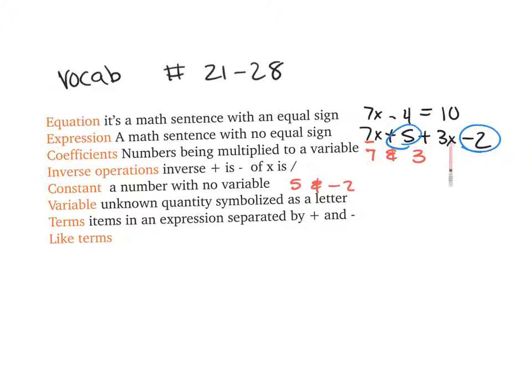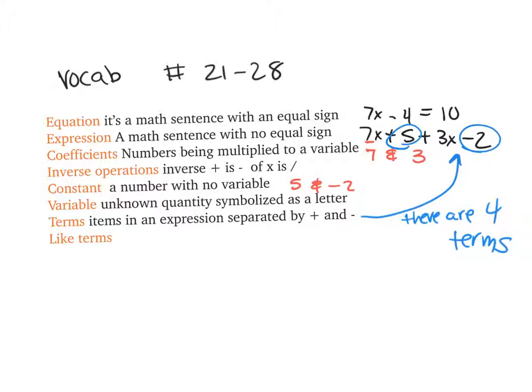How many terms are in this expression up here before I simplify? 4. 1, 2, 3, 4. In the above expression, there are 4 terms.